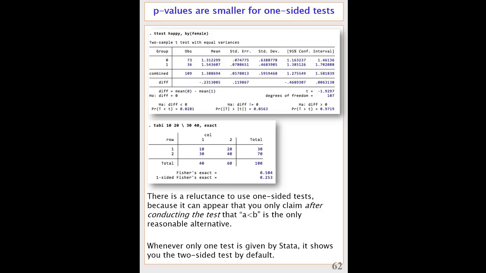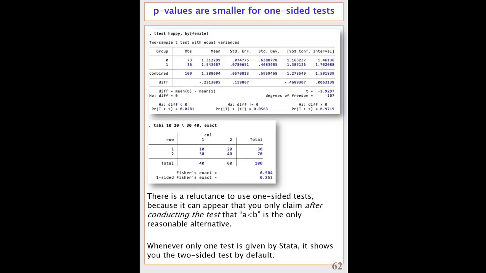This is the one t-test example where you see Stata give different kinds of tests: one-sided in one direction, one-sided in the other direction, and this is two-sided. So there I said simply focus on the one in the middle. That's the only one to look at. Another one here too, Fisher's exact, will give you a one-sided Fisher's exact. Do note that the number there typically goes down. So if you want to find a significant difference, it's easier to look at one side because these numbers get below 0.05 faster.